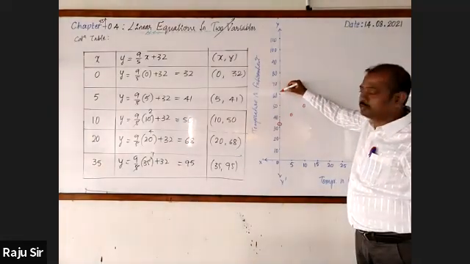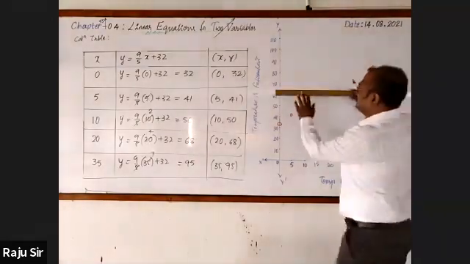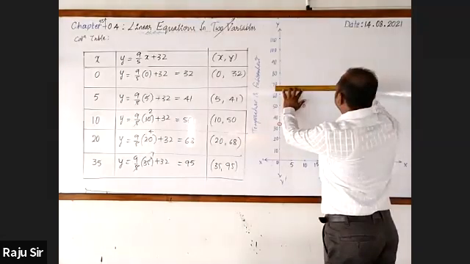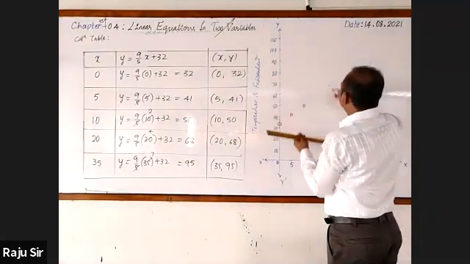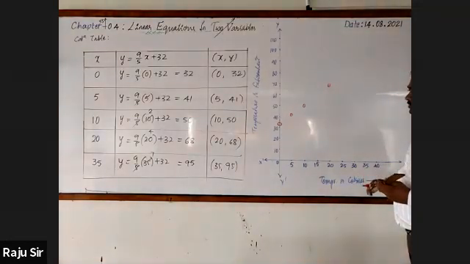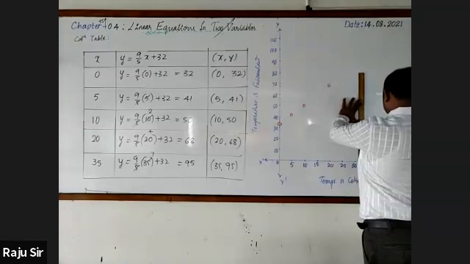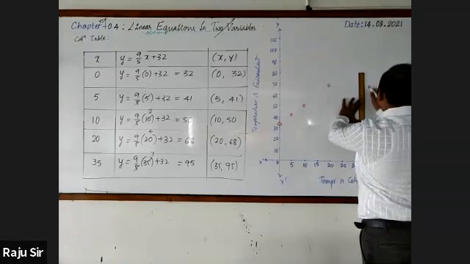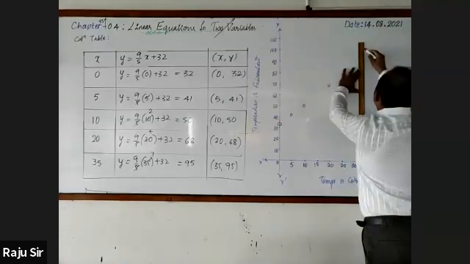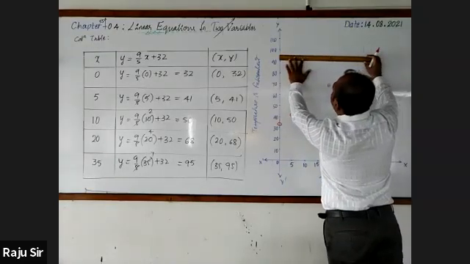You have to count 1, 2, 3, 4, 5, 6, 7, 8. Mark the 8th box here. Next, 35 and 95. It is exactly between 90 and 100.